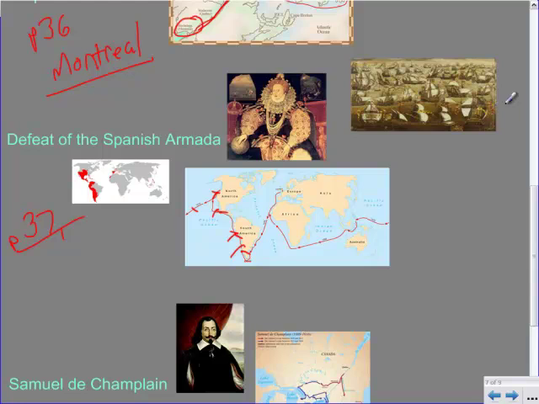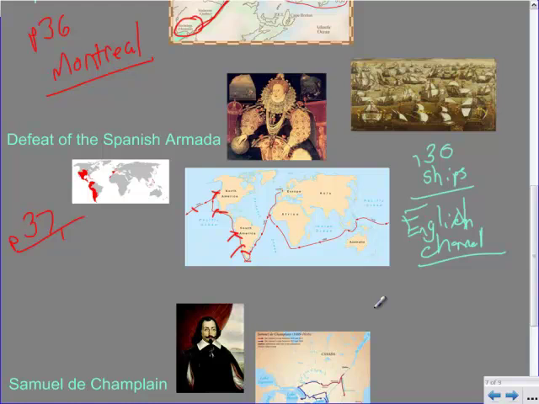And Spain gets really angry about this, so they send the Spanish Armada, which is 130 ships, to the English Channel, and basically the Spanish are sending these huge galleons, which are giant ships, and they don't maneuver well in the small English Channel, and they especially don't maneuver well against the smaller English ships.